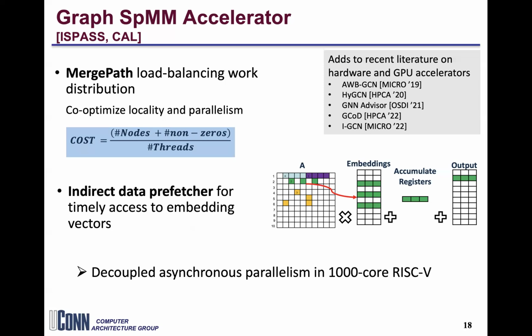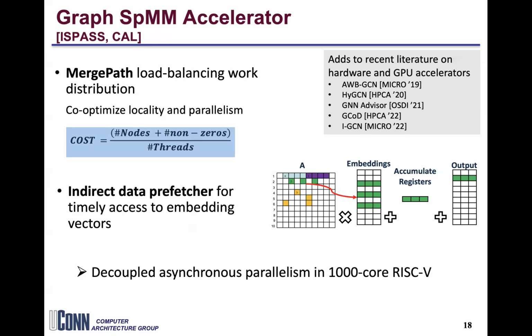What we do here is we co-optimize locality and parallelism. So effectively, there's a trade-off and a tension between how much parallelism you can enable by distributing the work in these adjacency matrices representing the graphs, and how much work you end up doing in a given core.